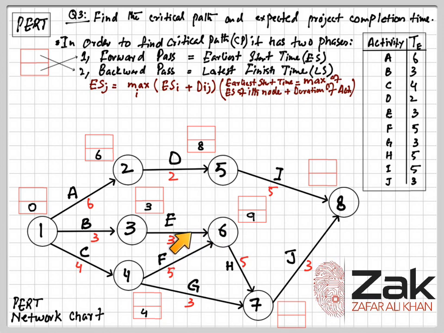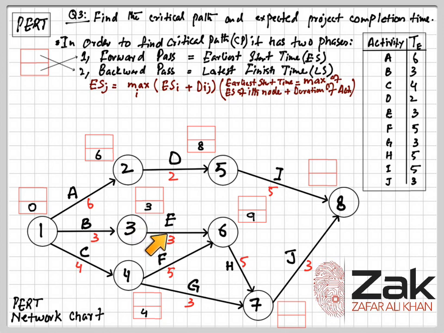So in that case, since it is starting at the end of two activities, there are two predecessors E and F, we will have to take the maximum of it. Which one is maximum will be taken. So for node 6, if we take activity E, then the duration is 3 and the earliest start time for node 3 is 3.